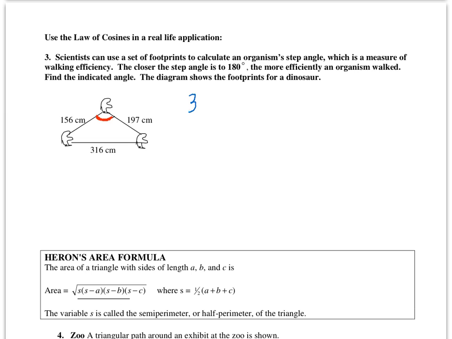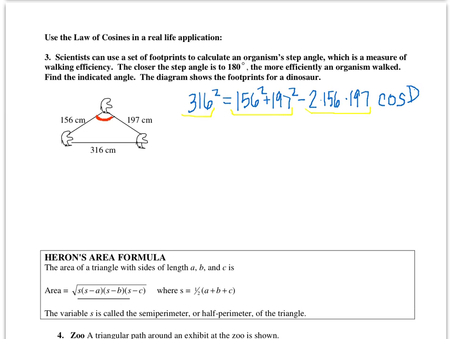So it's 316 squared equals, now we do our other two sides squared, so 156 squared plus 197 squared minus 2 times the two sides we just used, 156 times 197, and then this is the cosine, and I'm going to use cosine D for dinosaur. Okay, now we simplify these one piece at a time, remember? We'd simplify this piece, and then this piece, and then this piece.